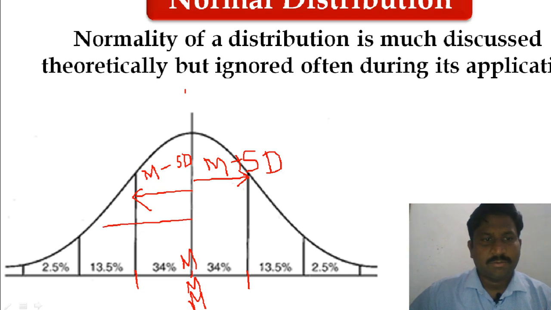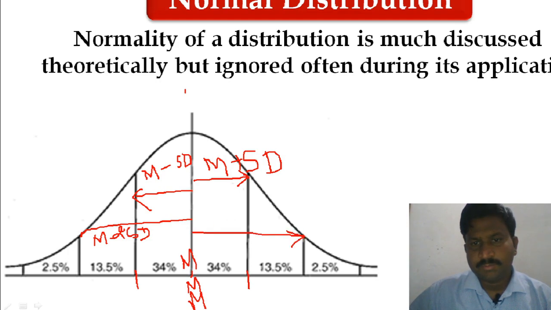And from this point to this point, mean minus 2SD, and from this point to this point, mean plus 2SD.